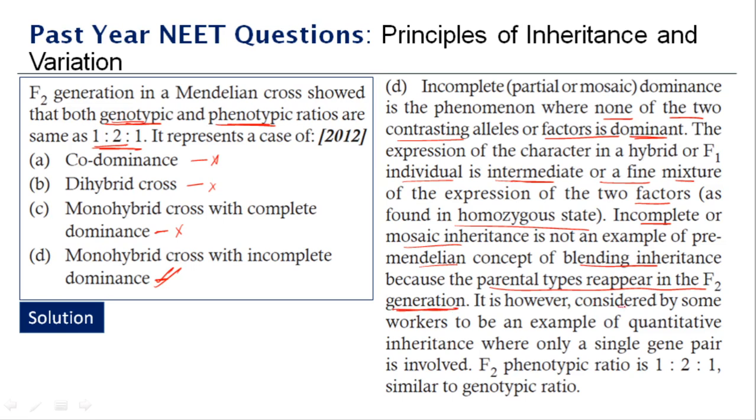It is, however, considered by some workers to be an example of quantitative inheritance where only a single gene pair is involved. F2 phenotypic ratio is 1:2:1, similar to the genotypic ratio. So you must remember that in incomplete dominance, the ratios are both the same in F2, 1:2:1. So the correct answer is D.